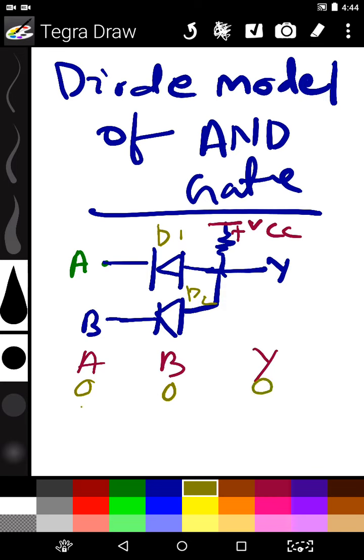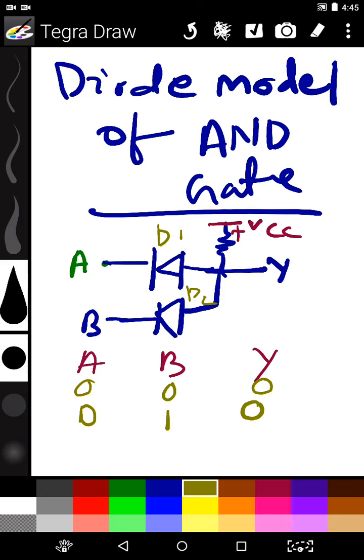For A equal to 0 and B equal to 1, diode D1 will be forward biased and D2 will be reverse biased. In that case also, the Y terminal will be grounded through diode D1, so the output is 0.